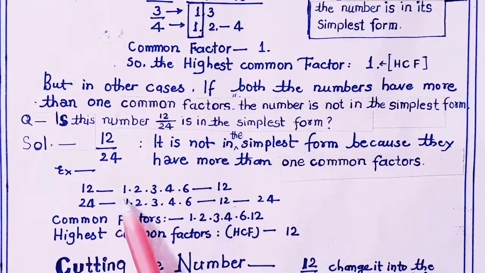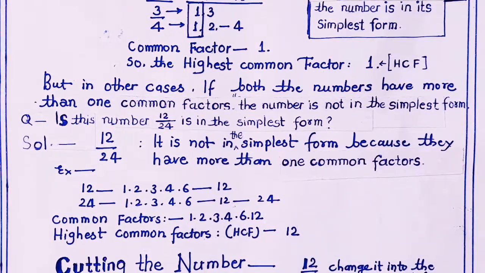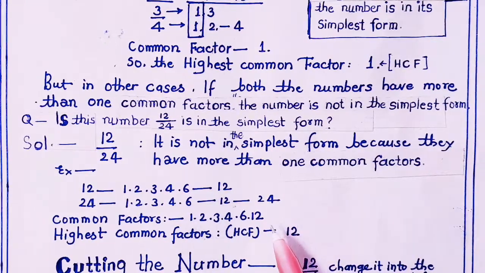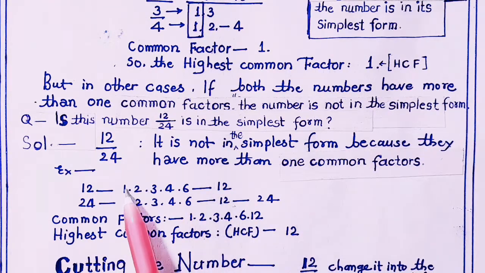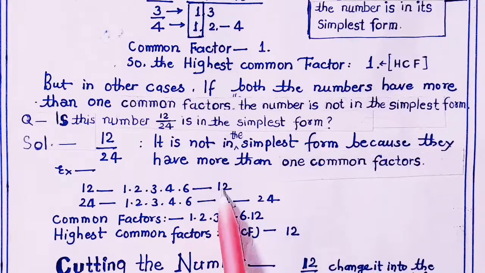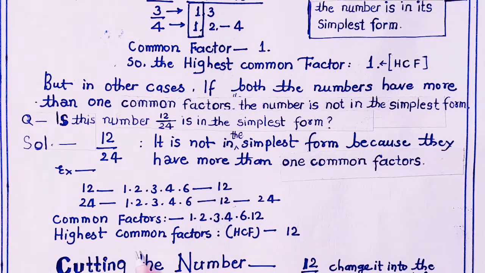For example, the factors of 12 are 1, 2, 3, 4, 6 and 12, and the factors of 24 are 1, 2, 3, 4, 6, 12 and 24. So the common factors of these numbers are 1, 2, 3, 4, 6 and 12, and the highest common factor of these numbers is 12.